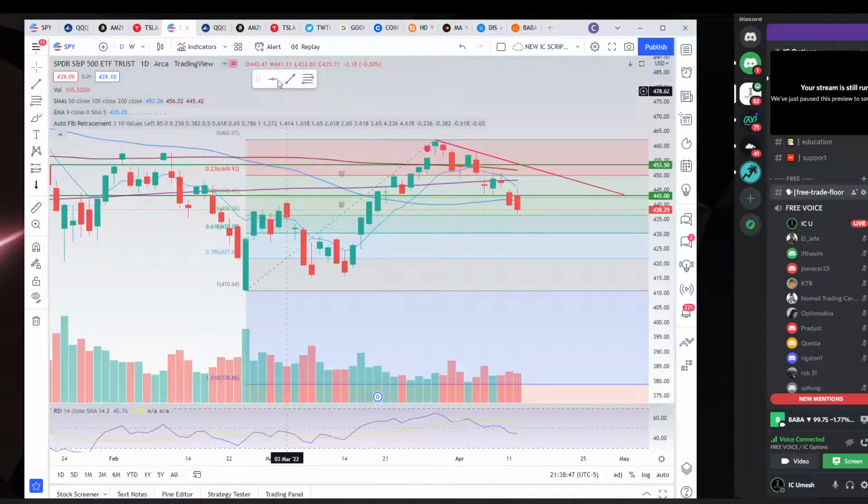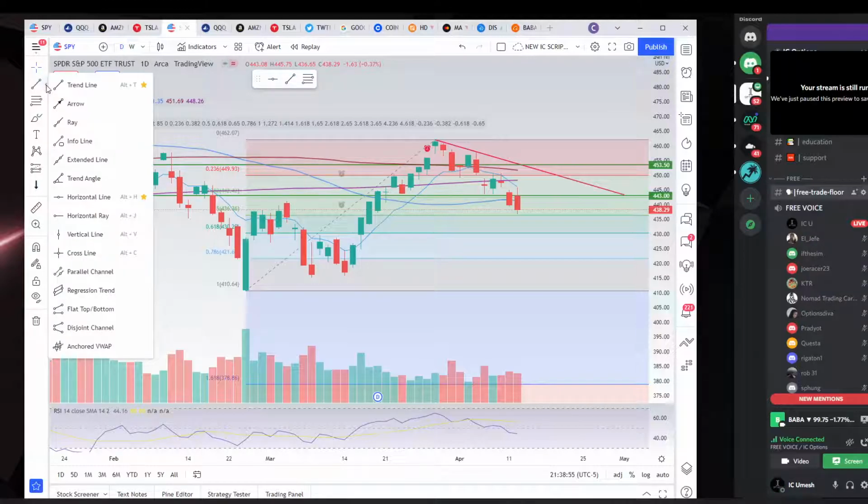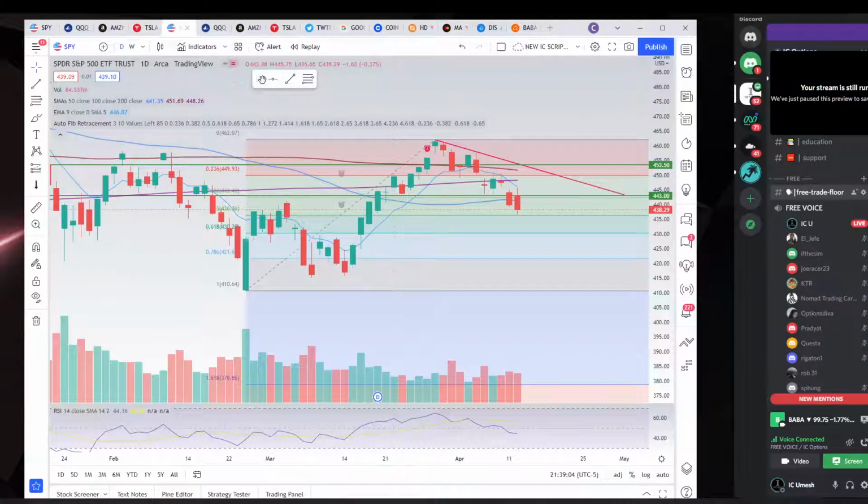So what I'm going to do right now, this is how I set up myself every night. I click on this horizontal line, and you can find this right here in your tools. Click on this, and there's your horizontal line. What you can do is just click on your star, and it'll pop up right here with your favorite ones. Okay, so click on your horizontal line. I will go right on this line around 436 area.